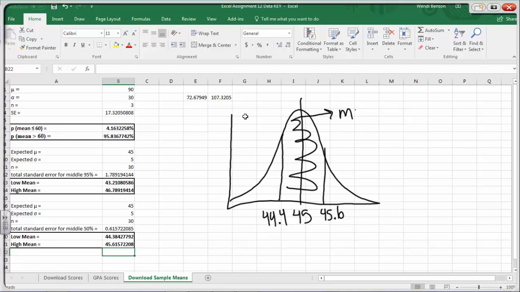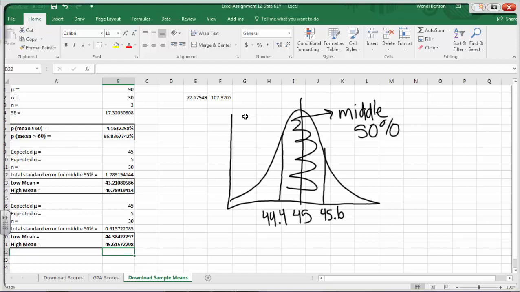That's our middle 50%. All right. So again, if the claims are accurate, there's a 50% chance that the mean download speed for his sample would be between 44.4-ish and 45.6-ish seconds. So if Theodore got a mean between 44.4 and 45.6, he should really trust the software developer's claims.